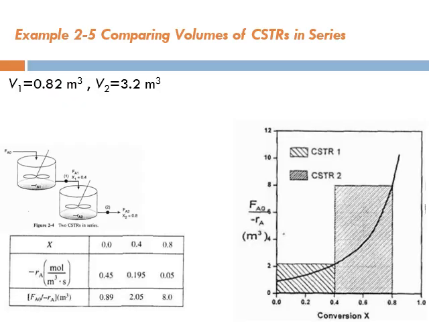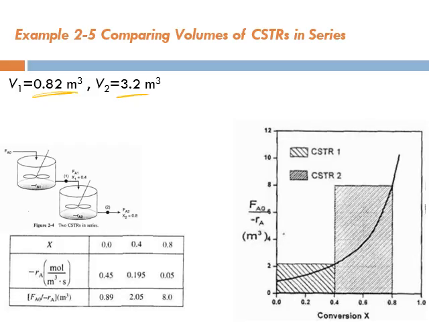Why is the required volume of the first reactor way less than the volume of the second reactor? This is really worth looking at. Okay, let's see. Are you thinking with me?